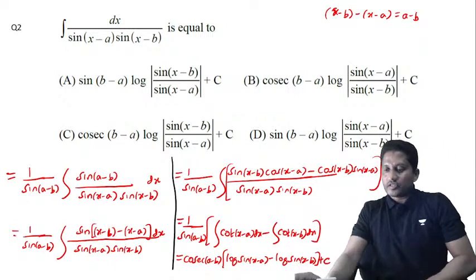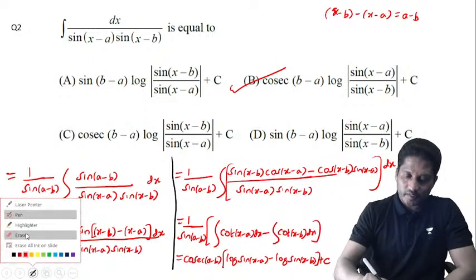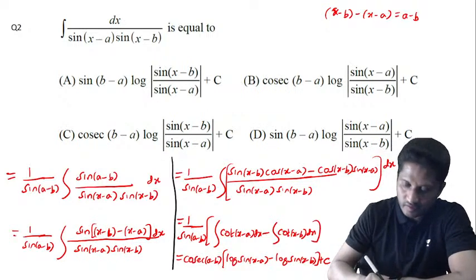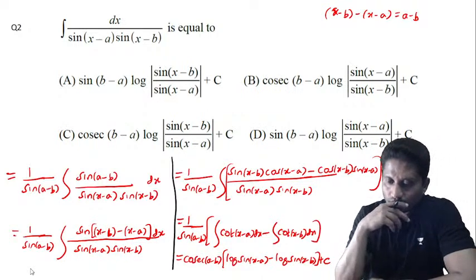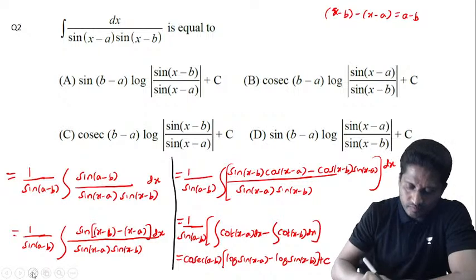Log m minus log n is log m by n. If I use, I get answer option, sorry, it's not b. Cosec of b minus a, that's right, okay. This would equal to, log m minus log n is log m by n, right?